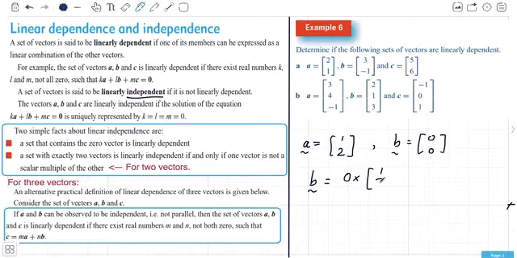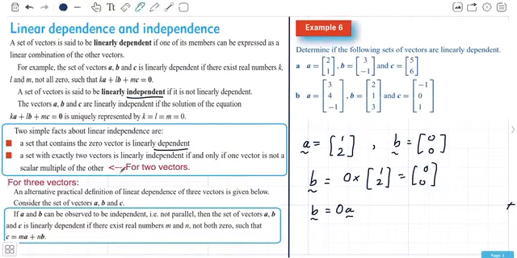You'd be multiplying A by 0. That will give you the 0 vector. So that means you could write A and B in terms of one another, 0A. And as soon as you can write one vector in terms of the other as a scalar multiple, they're dependent. They depend on one another.